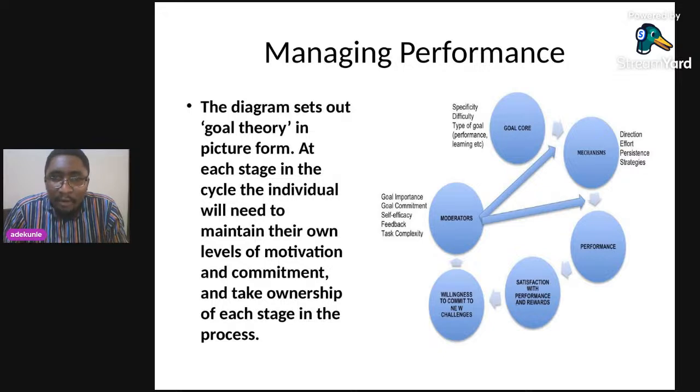All right, from you creating your goal, to getting direction and effort on how you can get your goal, which increases and affects your performance. Your performance will then lead to satisfaction with your performance and you get a reward. And of course, you look at other things you want to commit to, better awareness and the rest.